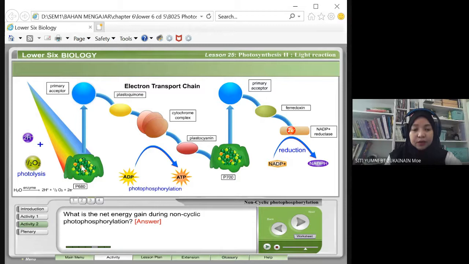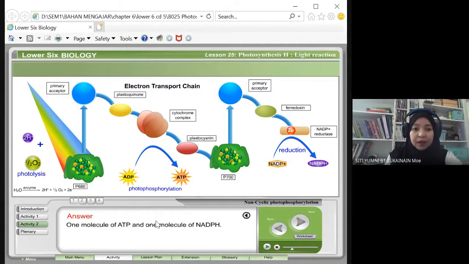Okay, so let's conclude this. What is the net energy gain during non-cyclic photophosphorylation? It is one molecule of ATP and one molecule of NADPH.